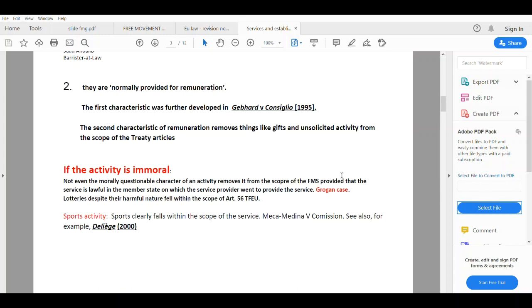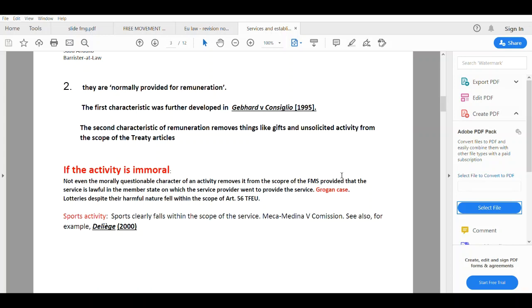We should as well look at the case of Deliège. In that case, a Belgian judoka who participated in judo at an international level challenged the Belgian federation-based system of selection of competitors for international competitions. He said that the selection rules clearly prevent him from taking part in international competitions and fall within the restriction provided by Article 56 of the TFEU.